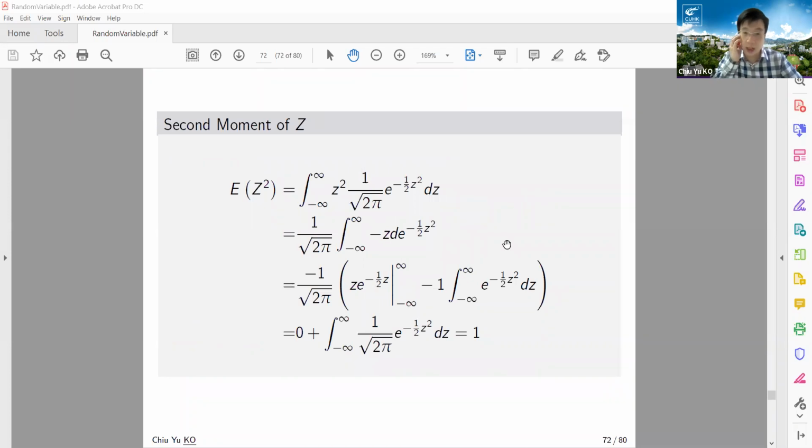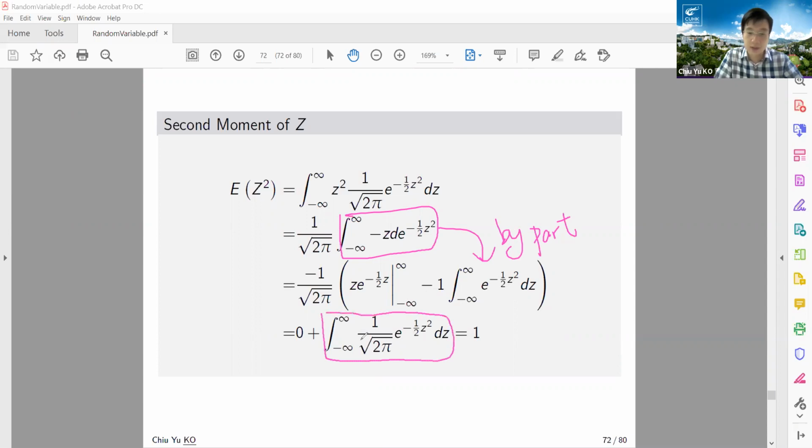The next slide. This is again the second moment. I just want to highlight this part. Here we use integration by parts, and that is the only trick used here. Other than that, it's the same. And here we use the idea, sorry, not the mean, but you integrate all the probability.